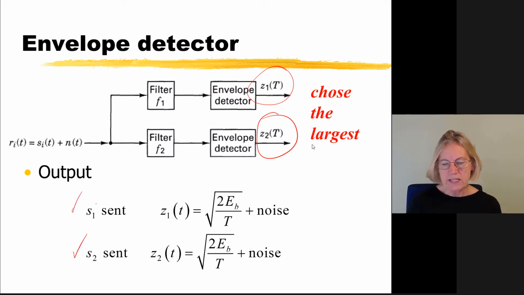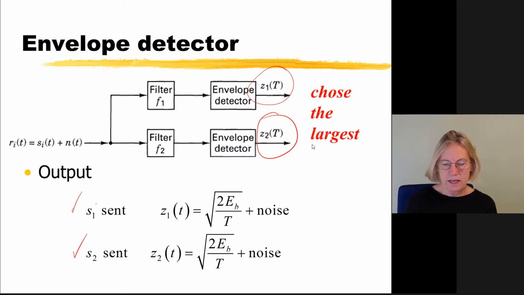In the case of symbol 1 sent, in filter bank number 1, we will have a signal which is proportional to the amplitude, which will be the square root of 2EB over T, plus the noise in the envelope detection.